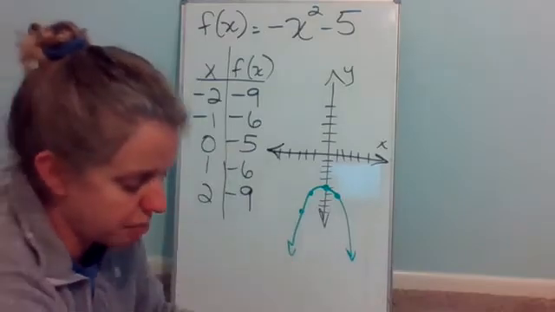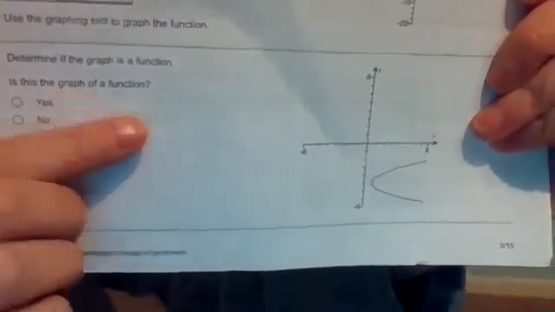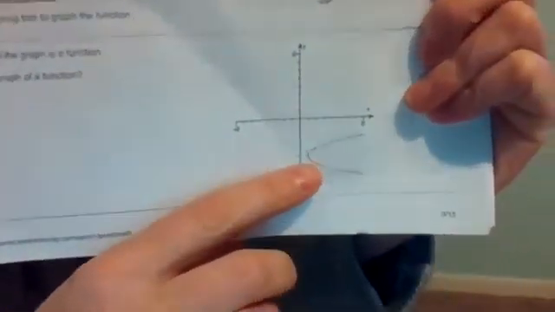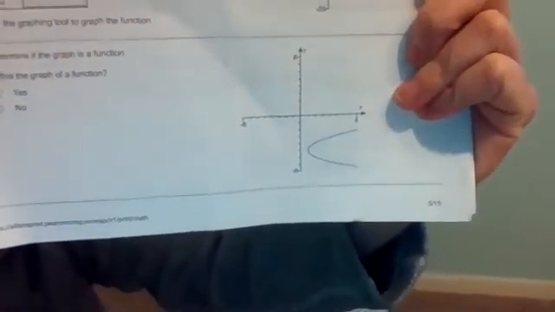Okay, now number 8 gives us a picture of a graph, and it says, is this the graph of a function or not? Yes or no? Now remember, what is the test that you use to decide this?